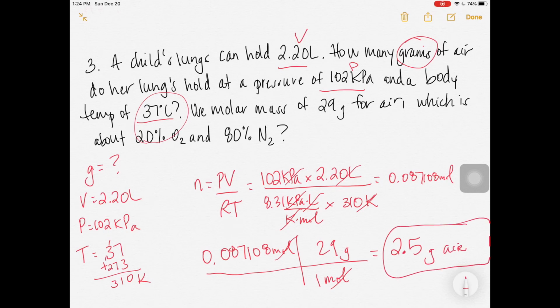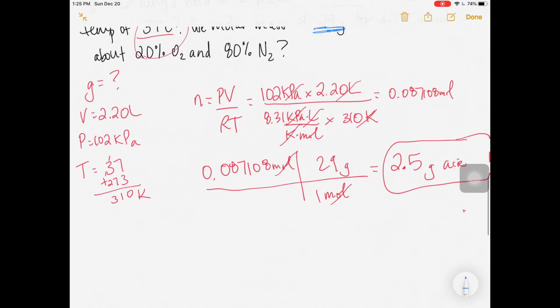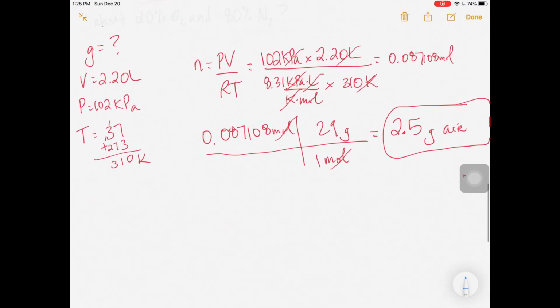So there you go. Real quick, I do want to take a second to talk about why this 29. We know that air is a mixture, so we're not used to seeing a molar mass for air. So they approximated: air is about 20% oxygen, with a molar mass of approximately 32, and 80% nitrogen, with a molar mass of approximately 28.